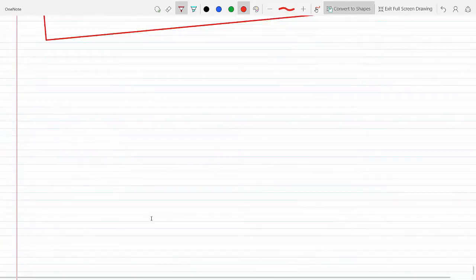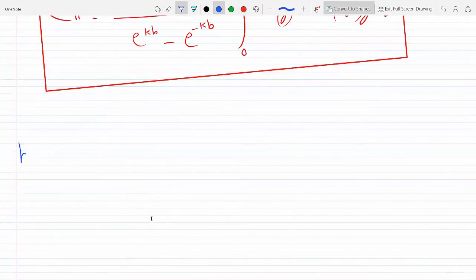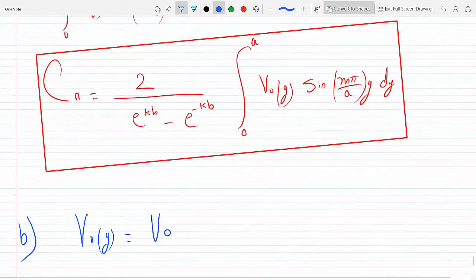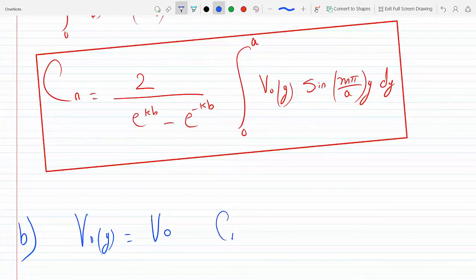Now in part B, he's more specific. He says, assume that v0(y) is just some constant v0. If that's the case, now you can integrate. Cn becomes 2 v0 over (e to the kb minus e to the minus kb), pulling v0 out of the integral.